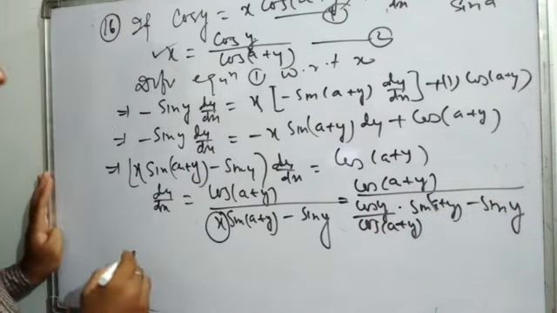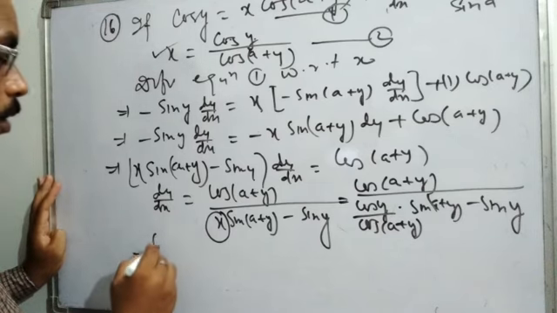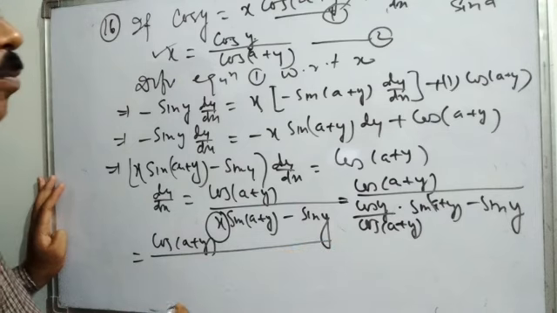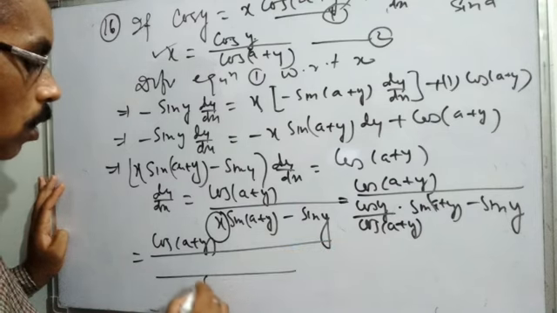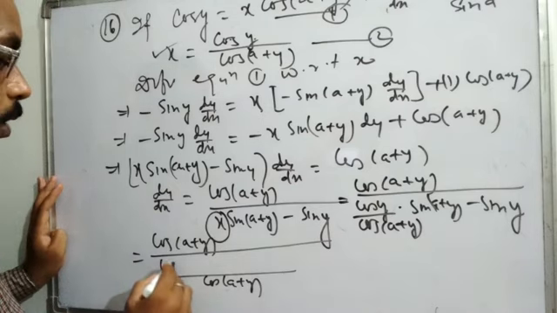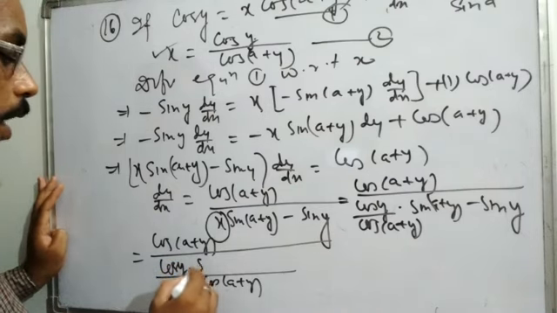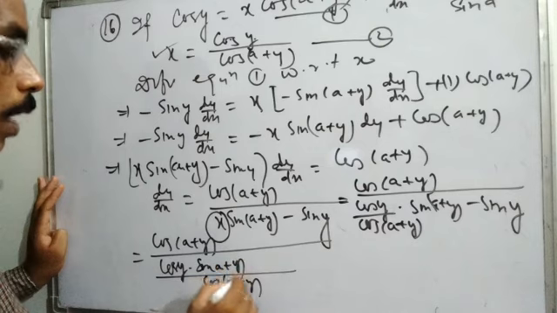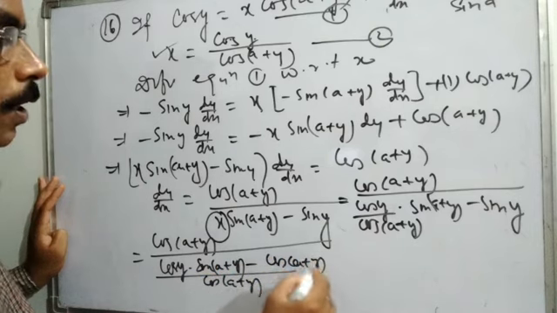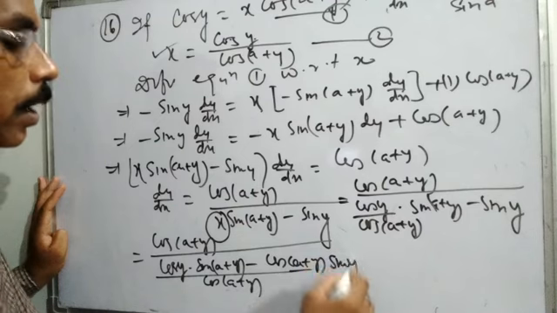So after solving it, we will get cos(a plus y) divided by cos(a plus y) into cos y sin(a plus y) minus cos(a plus y) into sin y.